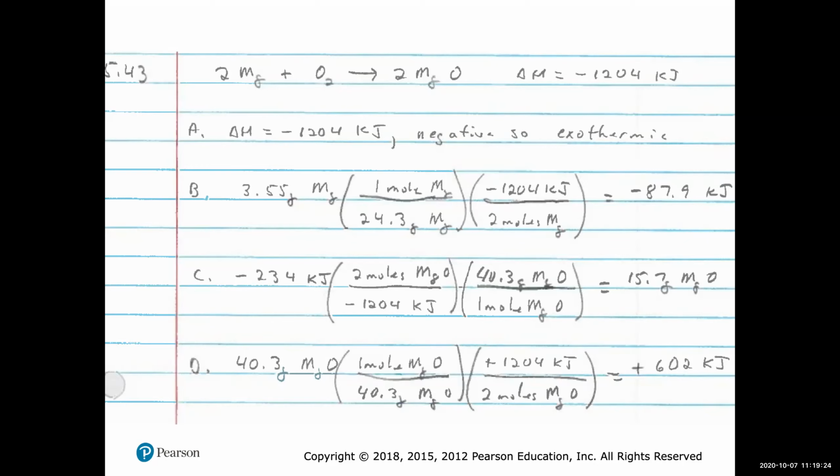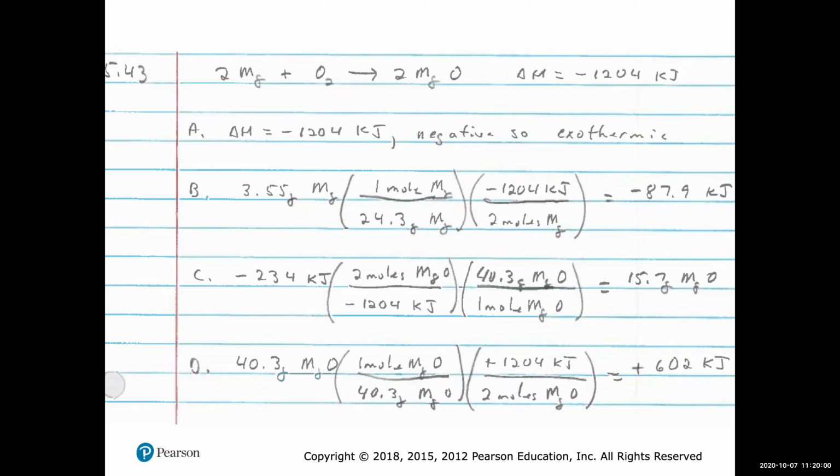Then we can use the stoichiometry of the reaction to know how many moles of magnesium oxide are associated with that delta H value. We look up at our equation and see there are 2 moles of magnesium oxide formed. So we have the minus 1204 kilojoules in the denominator, which cancels out the kilojoule units, and 2 moles of magnesium oxide in the numerator.